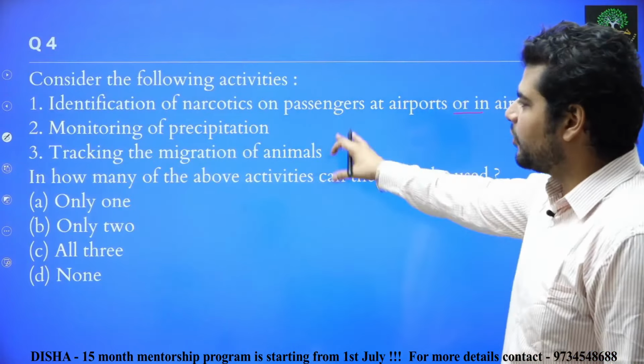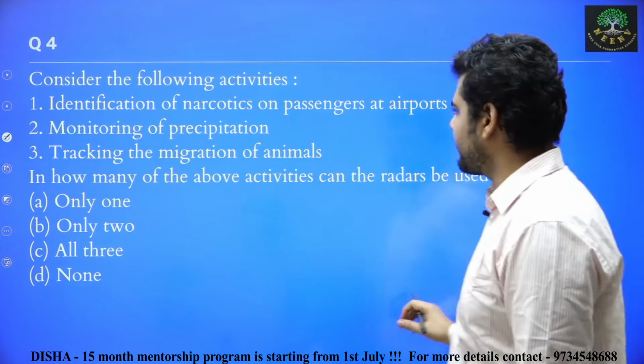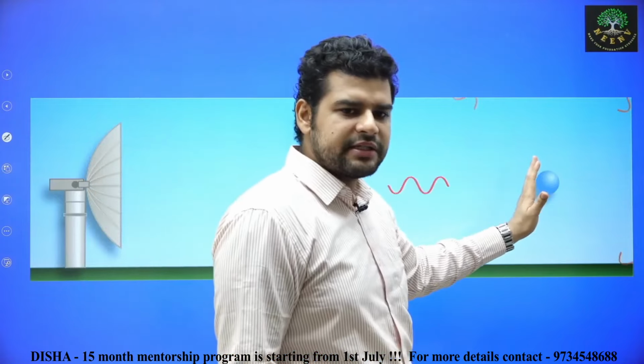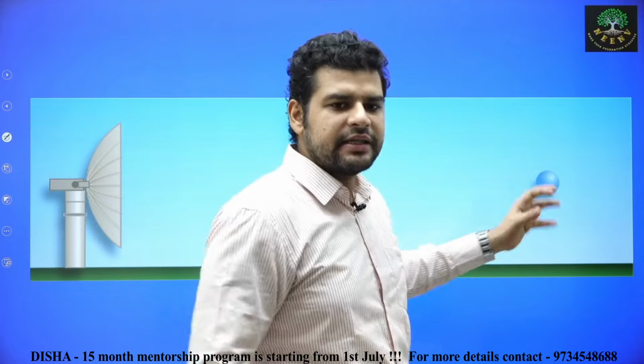So before this, I would like to explain just a little bit about radar. Radar does detection by radio waves. It sends radio waves to the object, and once they reach the object, the rays get scattered.